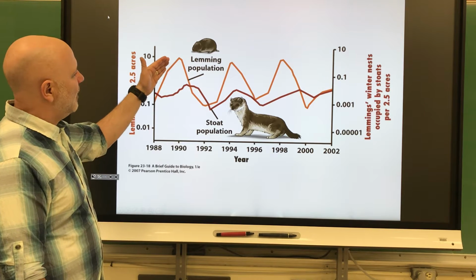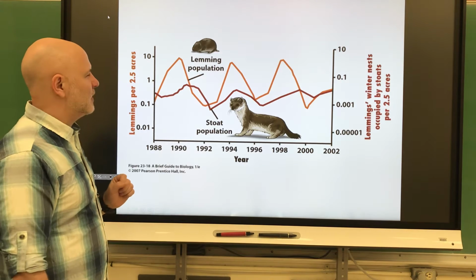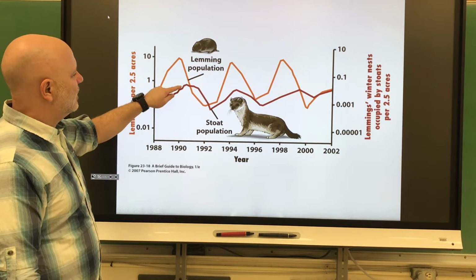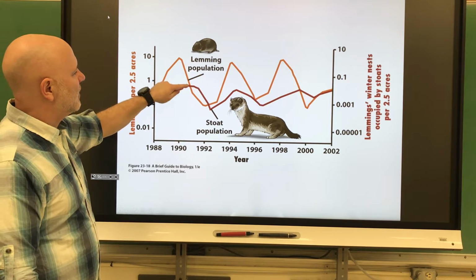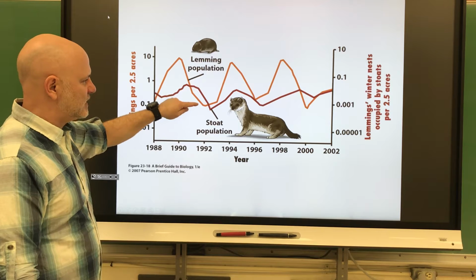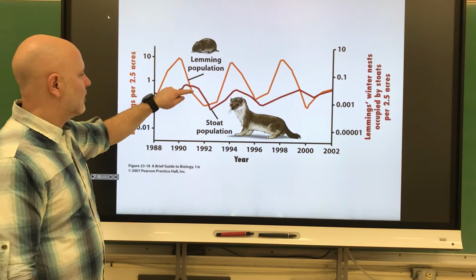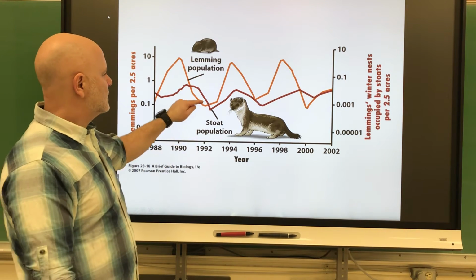All right. So on these islands in which you have these two species occurring, as the lemming population increases, so will the stoat population. So the predator population will increase. This will occur until the predator population has a negative effect on the prey population, so the prey population will decrease. Because the prey population is decreasing, now there's less food for the predator, so the predator population will decrease as well.